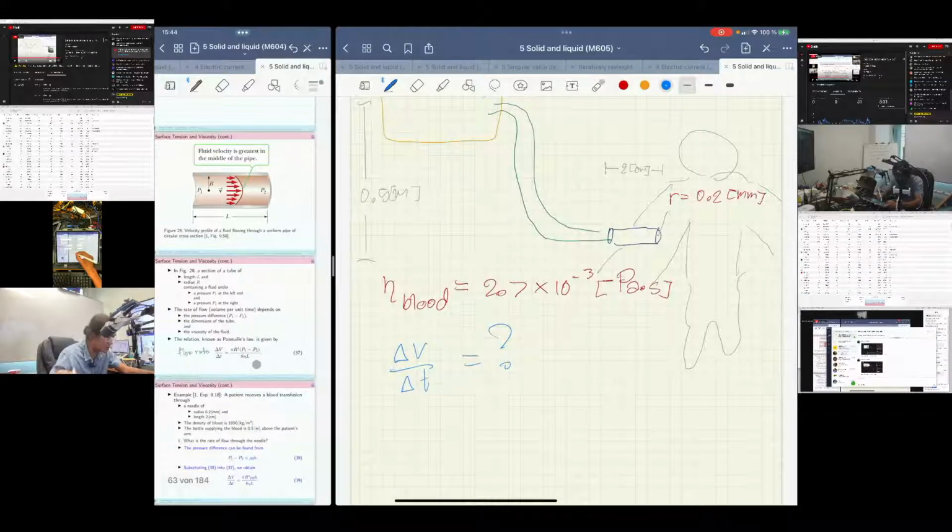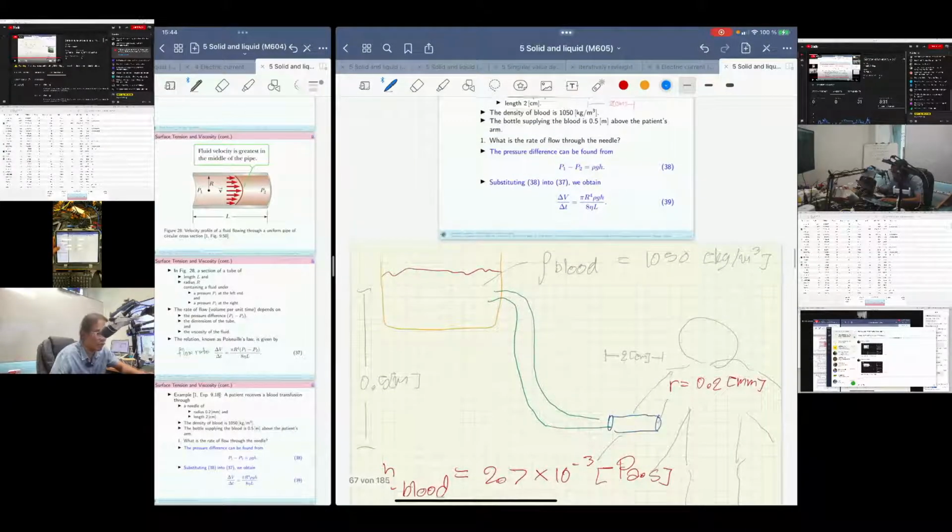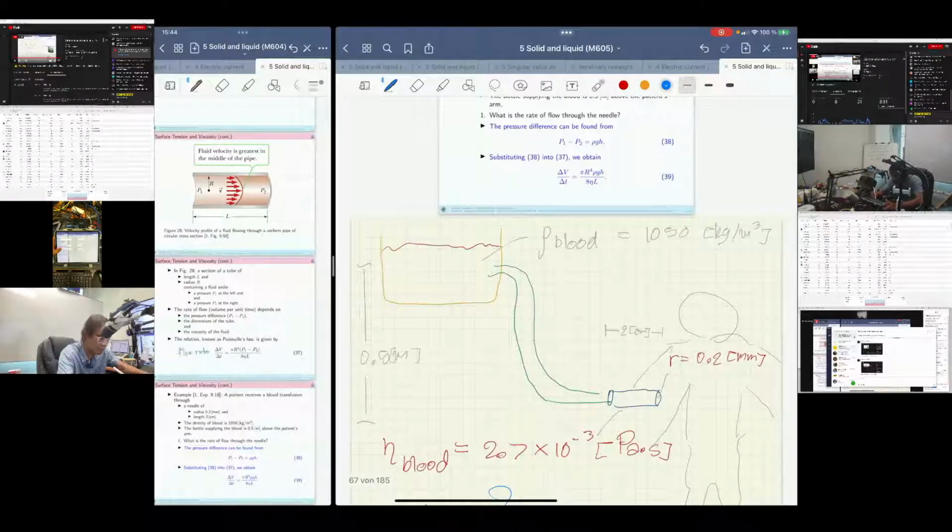Delta V depends on pi r to the power of 4 and delta pressure, over 8 eta L. L is the length here, equal to 2 centimeter, and R is the radius, denoted by capital R.